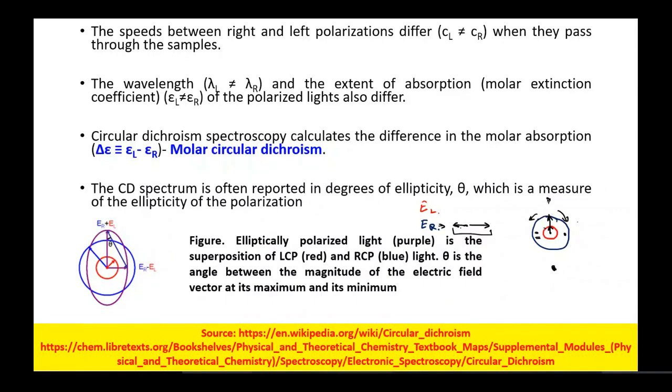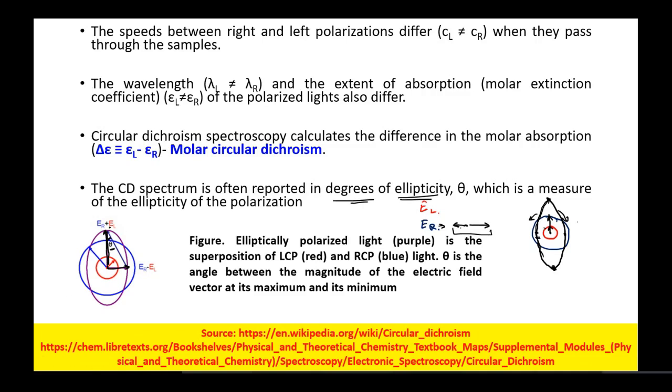So if we join these, considering that it is moving through all these positions, it forms an ellipse, and hence the name ellipticity. So the degree of ellipticity means, if you plot a right angle over here, this theta is called the degree of ellipticity.